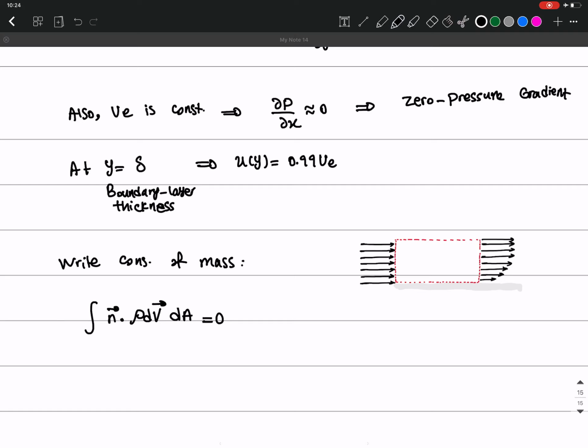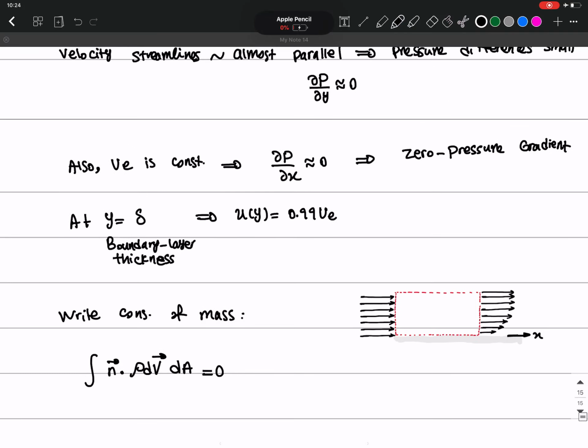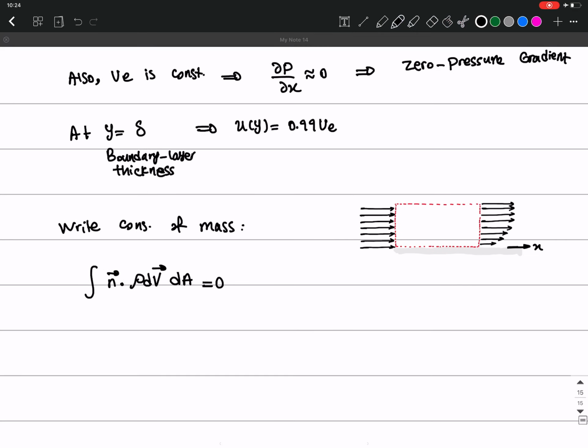So here is x direction, and here is y direction. So I'm going to write it for all the sections that we have.